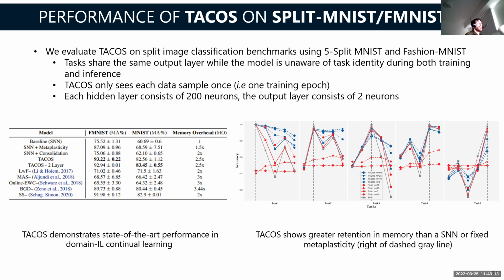One important thing to note, though, is that they actually have less memory overhead than TACOS does. They're one of the lowest you can get when considering the regularization-based approaches. But other than them, TACOS has a much lower memory overhead compared to the third best state-of-the-art method.